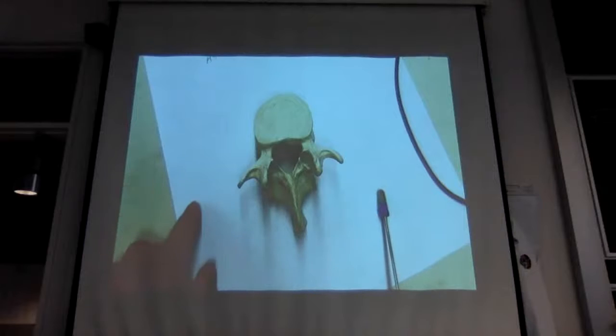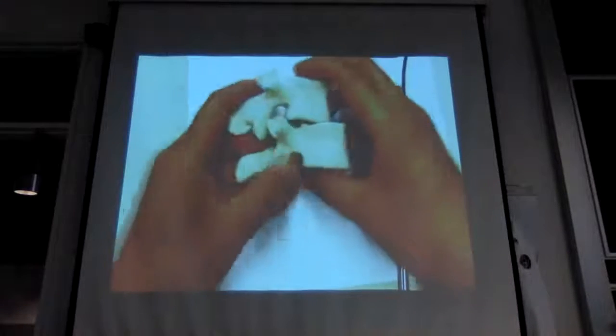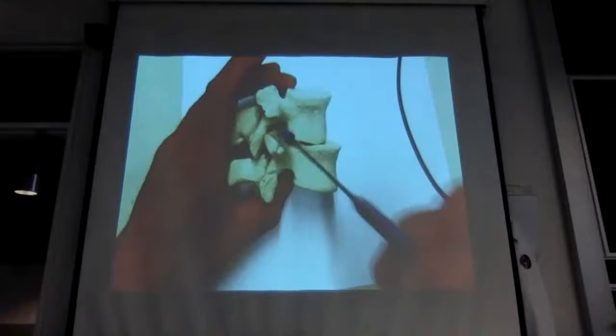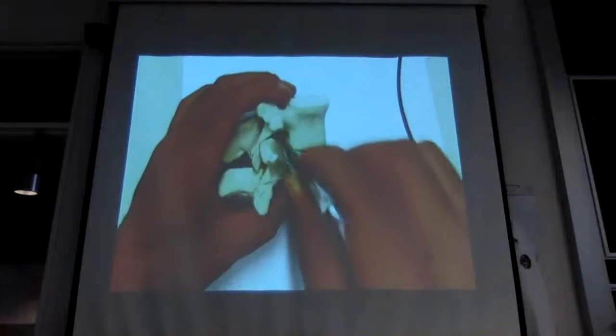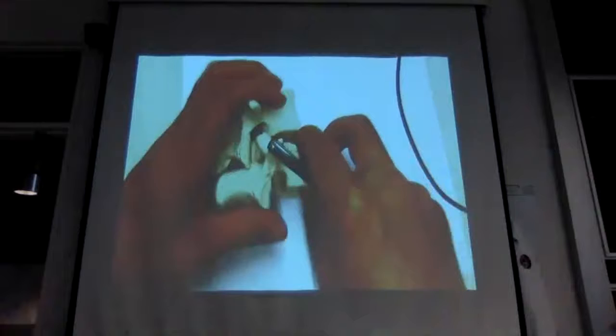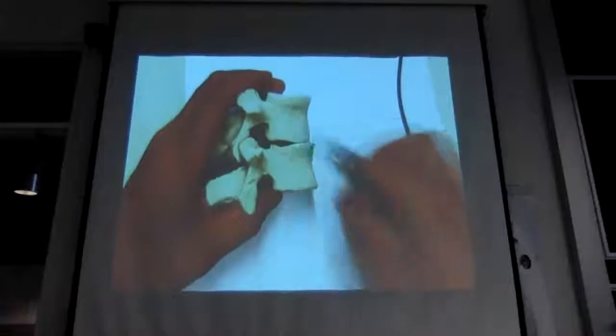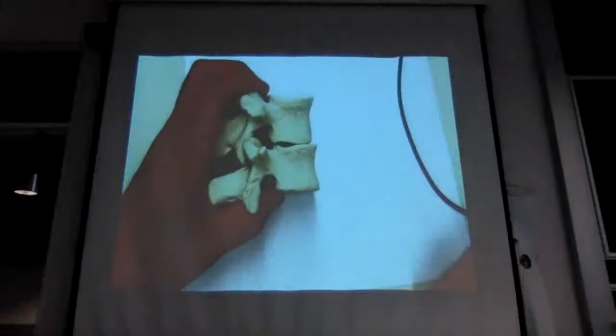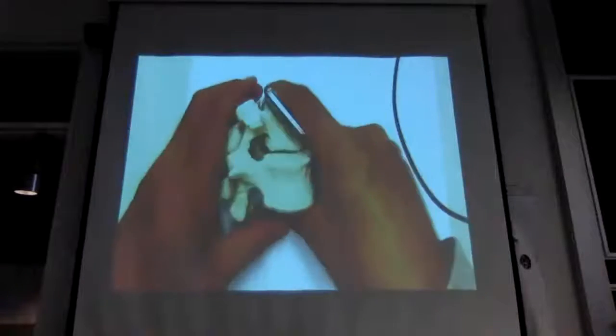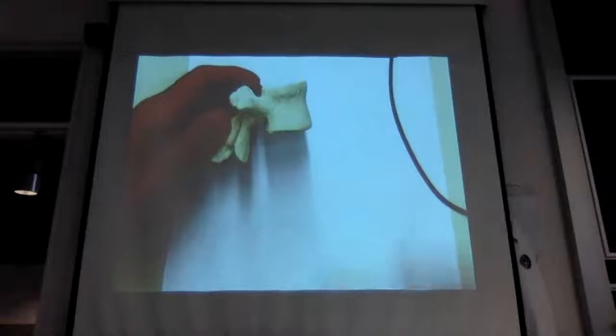What else? Also, when you stack these vertebrae, you'll notice that there's a hole in here. That hole is called the intervertebral foramen. And you have one in between each vertebra. This is the vertebral canal, vertebral foramen that allows the spinal cord to go through. But in between two vertebrae, so you don't see it when you only have one, you have to have two there.